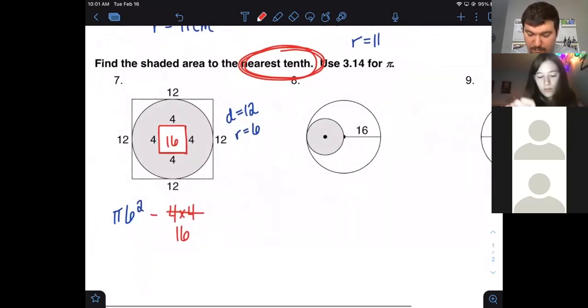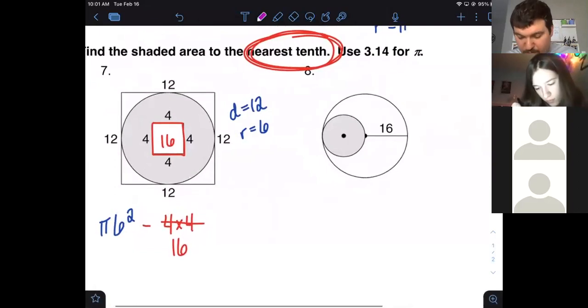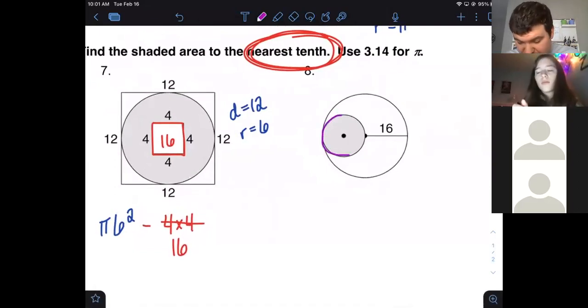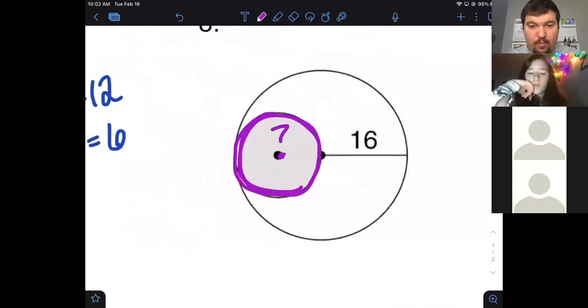Okay, let's look at number 8. Number 8, we're supposed to find the area of this shaded part, which makes a full-sized circle. So why are they giving us this other circle? Because if we look at the part of the circle we want, they don't give us the radius or the diameter of that circle. And so we're going to have to use the other circle.